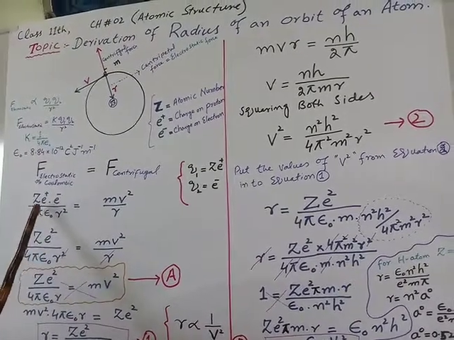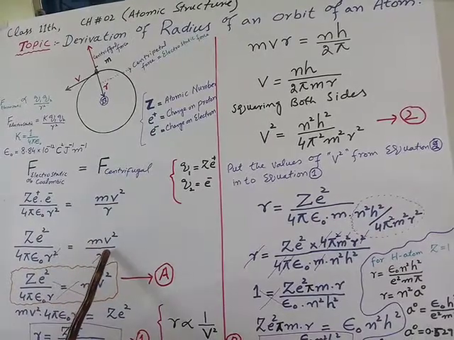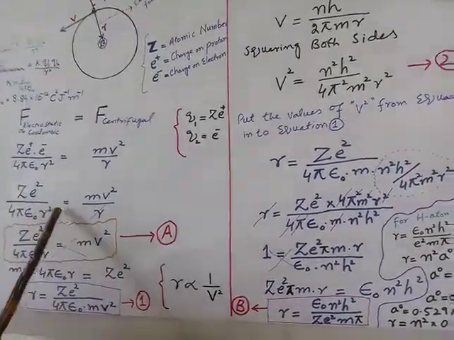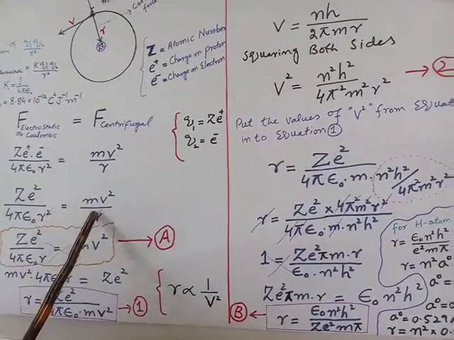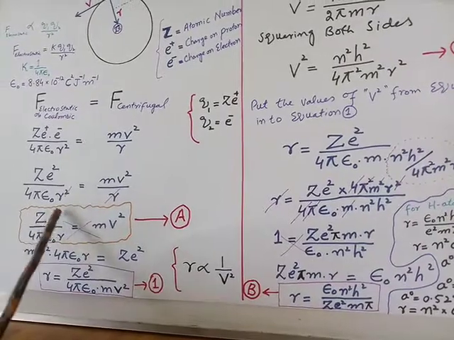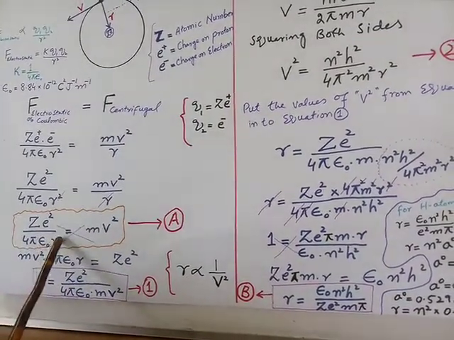By comparing these two, if I cancel this r with the r square, meaning r into r, there are two r, so one r is cancelled. We are left with Ze square over 4 pi epsilon naught r equals mv square.